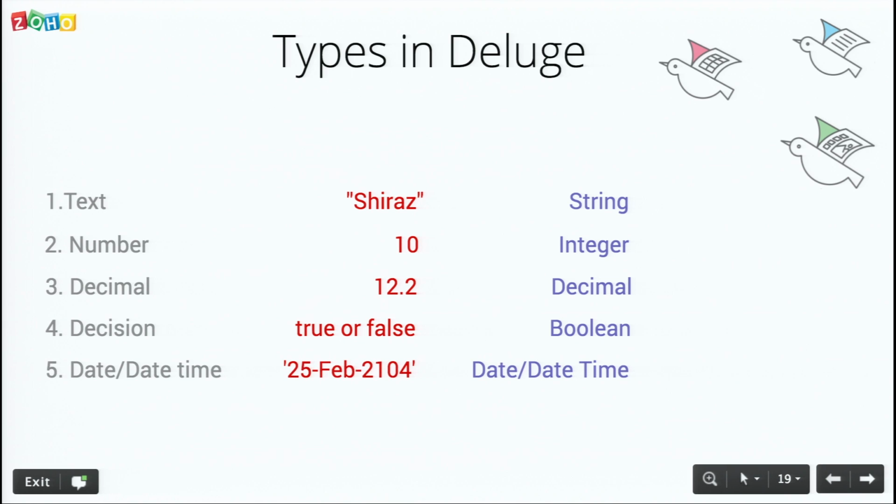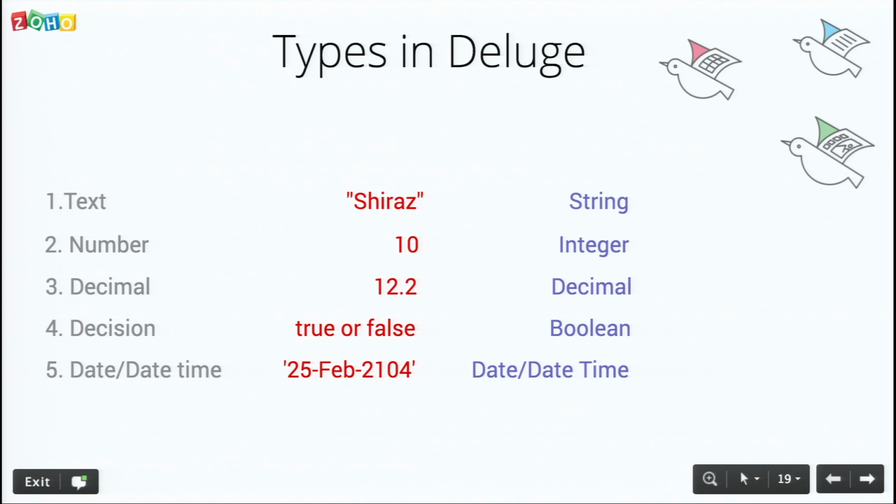The last thing you need to learn is date or date time. When you put something inside a single quote, that's called a date. We need to maintain the format. Here the format is date, month, and year. There are so many other formats outside.